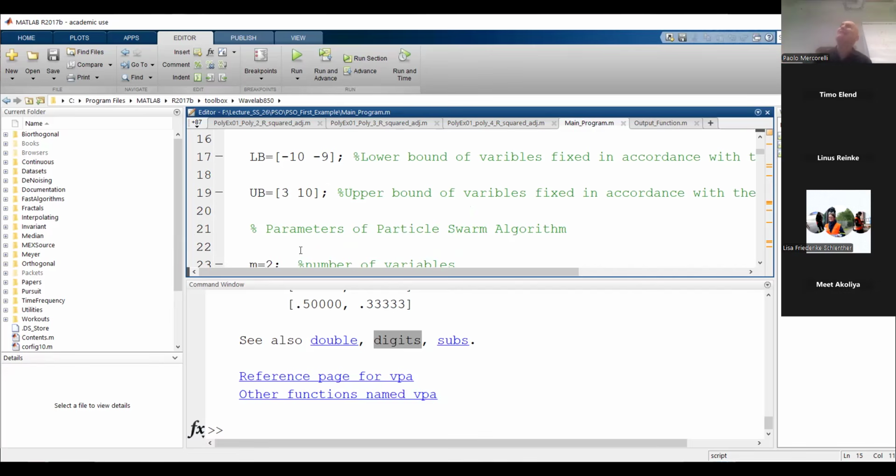to the search space in which I will assume that the minimum, or the optimum in general, is. I mean, here I am assuming that the minimum is between -10 and 3 for x1, and x2 is between -9 and 10.